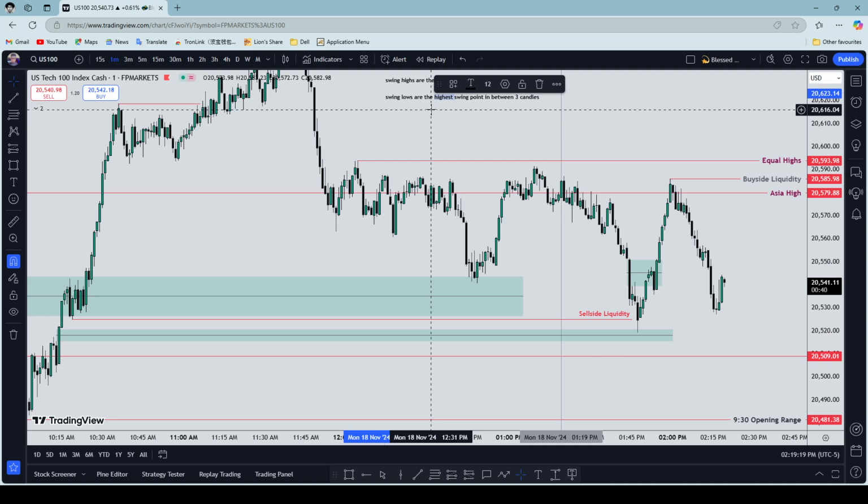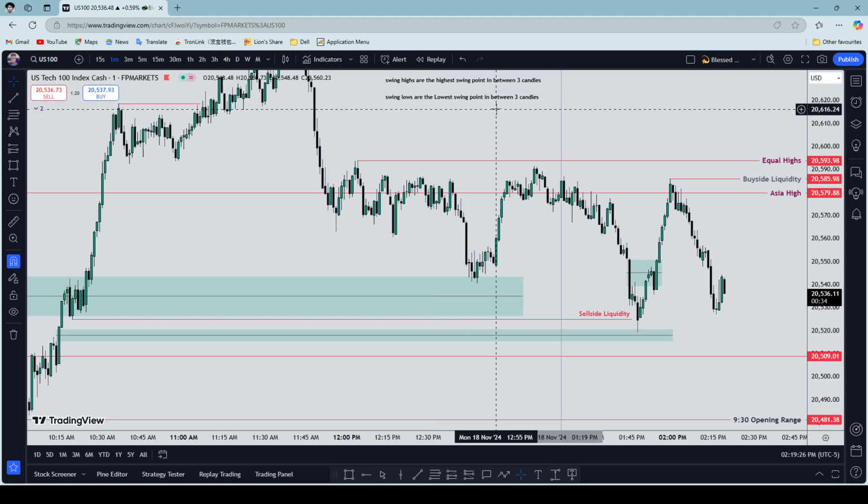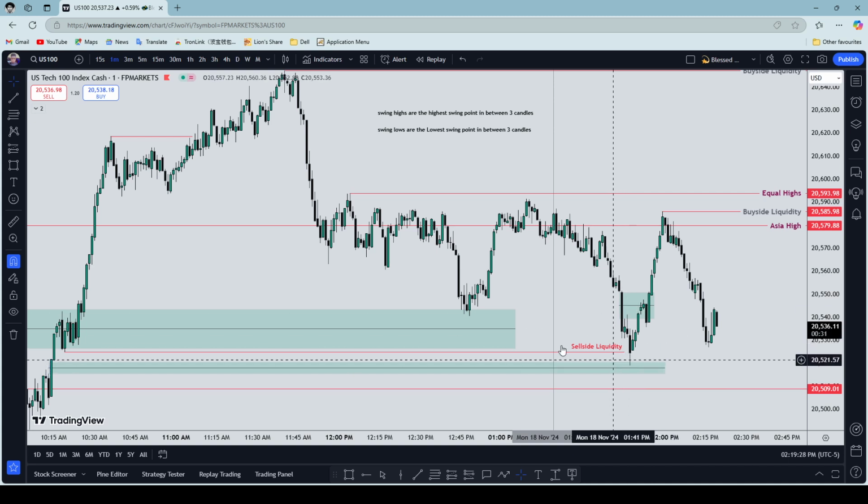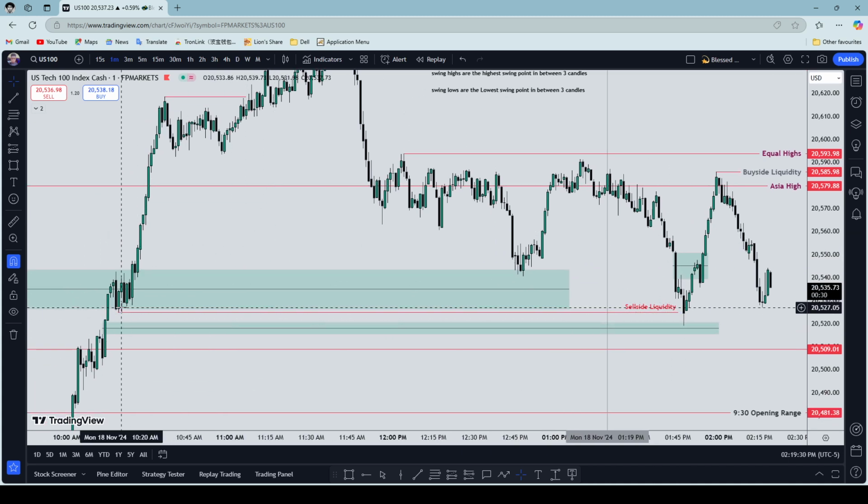So a swing low is the lowest swing point in between three candles, right here. And let's look at this one I marked out here. One, two, and three. This is the lowest swing point in these three candles.